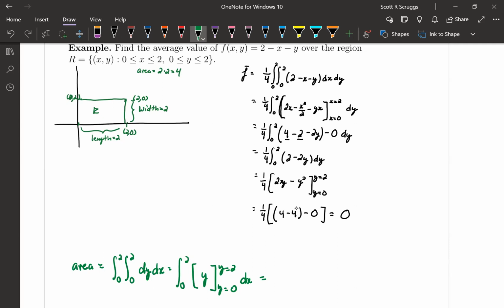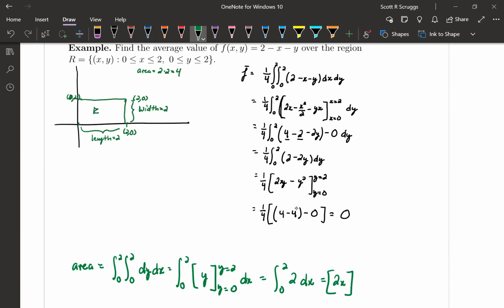This will be y equals 0, y equals 2 dx. Integrating that will be the integral from 0 to 2. If I plug in 2 for y, I get a 2, minus if I plug in 0 for y, I get 0. So I now get 2 dx, which becomes 2x.